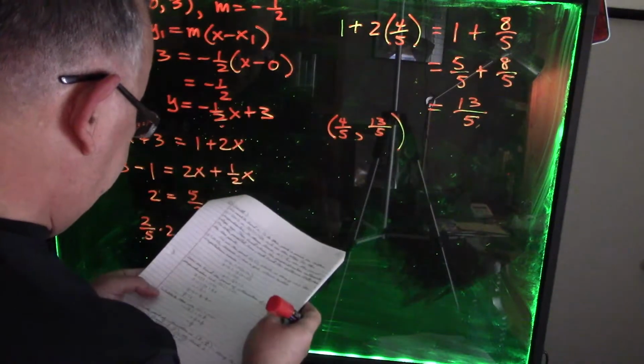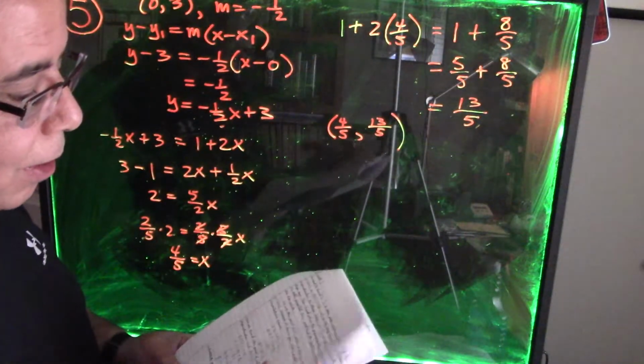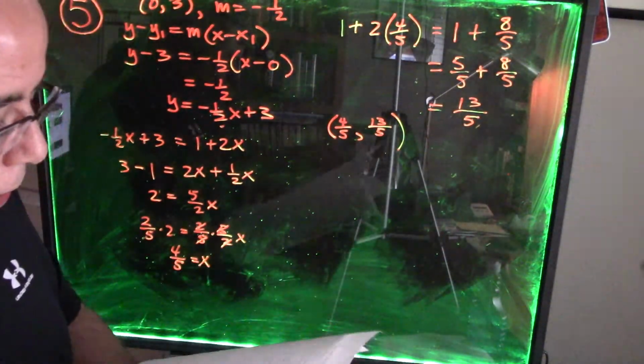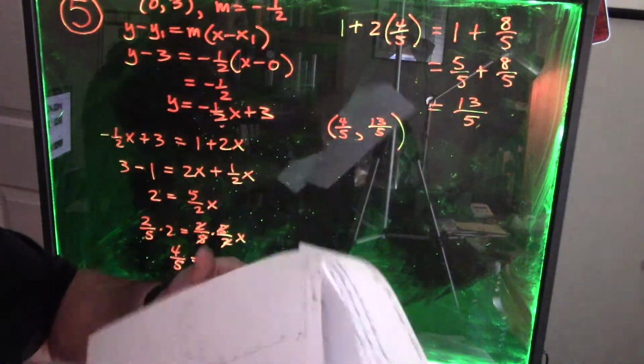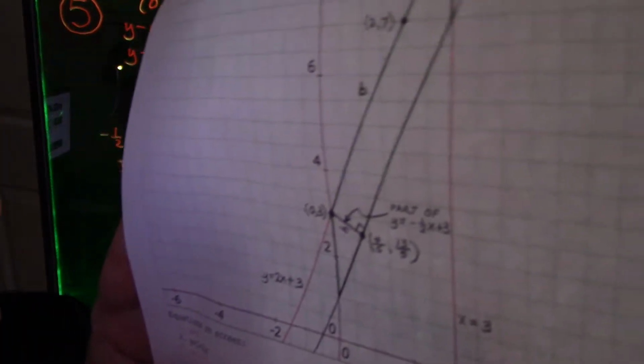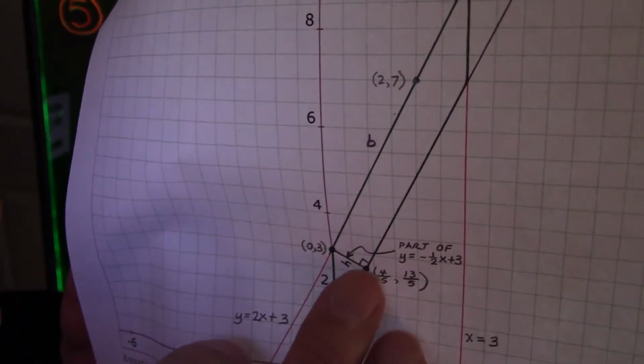Alright, so what we need to do now is find the distance h, the height h. As you can see in the diagram, once again, there's our point that we just calculated.